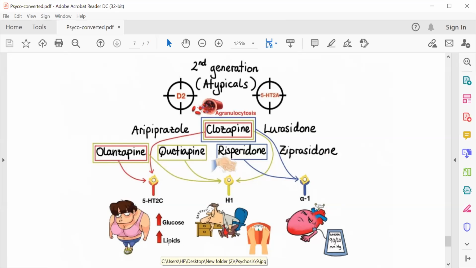Why does this happen? Because they block the 5-HT2C.